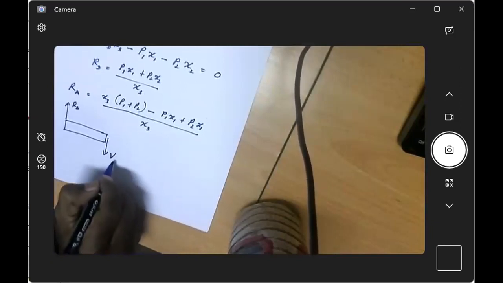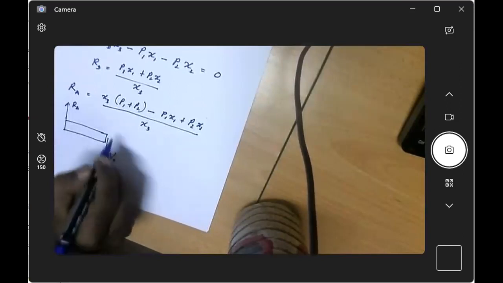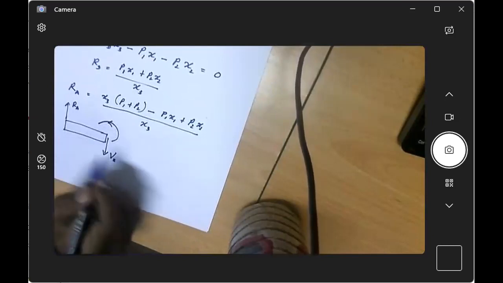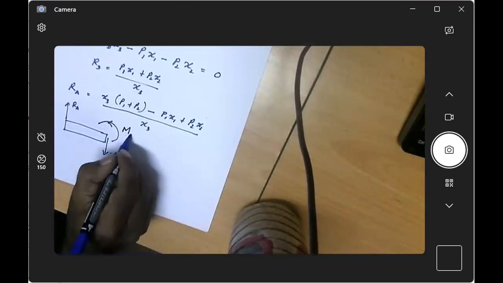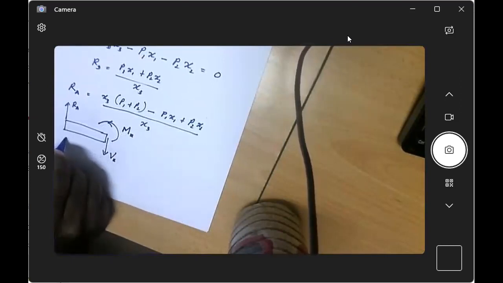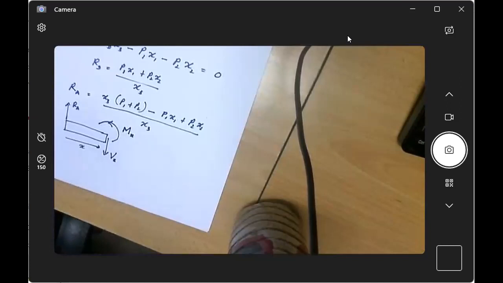Typically we note it as V, Vx, and we have two opposite forces. That means we need a moment to stop this piece rotating. That one is M at X. Any questions? Fine, right? And the distance from this point is X. Now you can find Vx and Mx. So do it quickly.